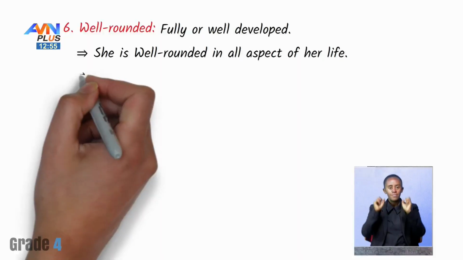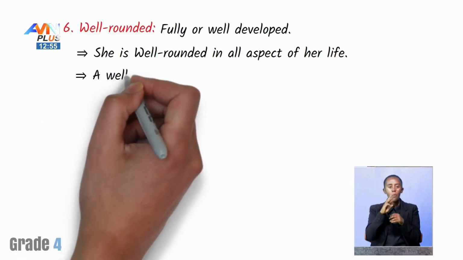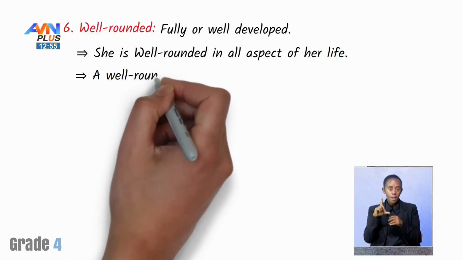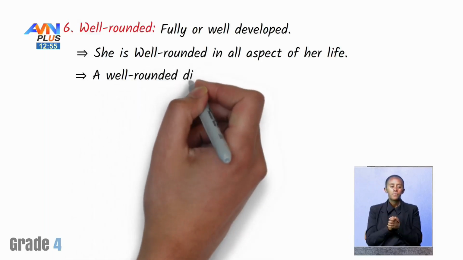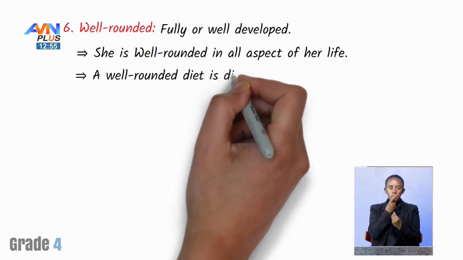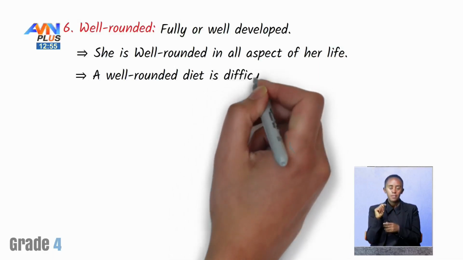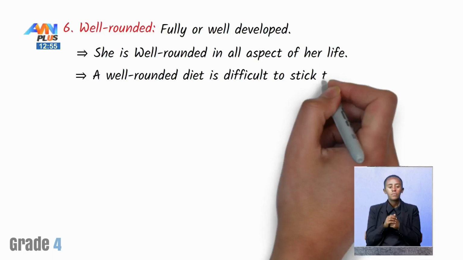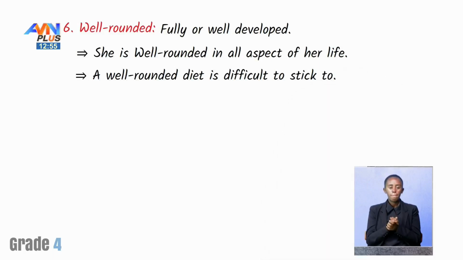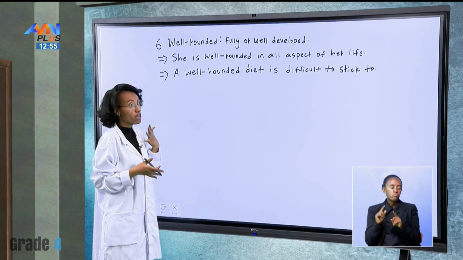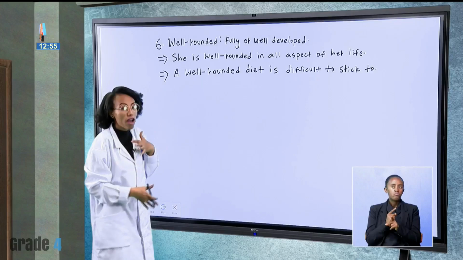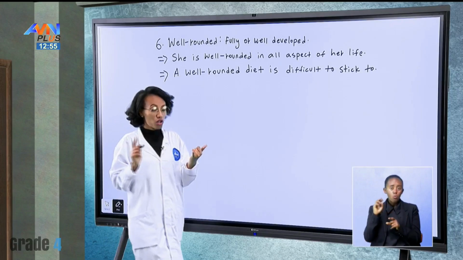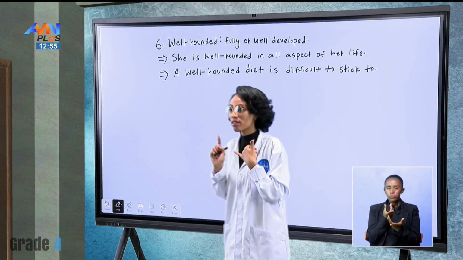Okay, another example. A well-rounded diet is difficult to stick to. It is correct. When we say well-rounded diet, we mean you should take in what?